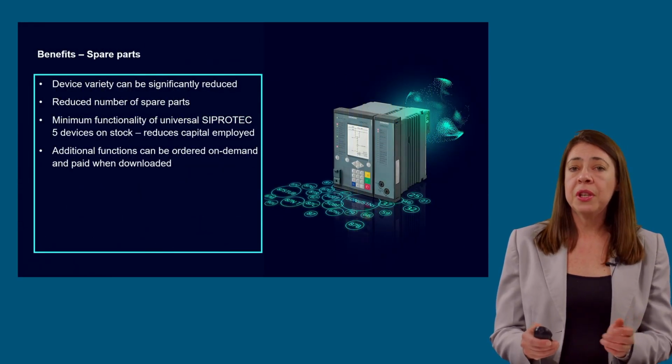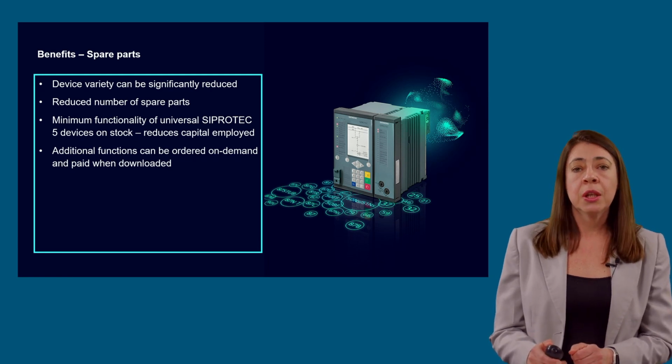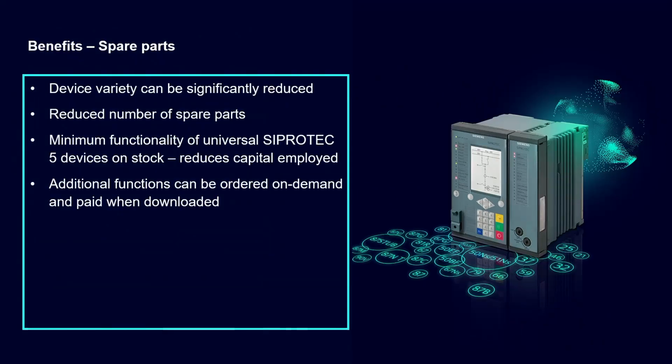So now the benefits for you at a glance. When you are using universal relays, the device variety gets significantly reduced, which also decreases the number of spare parts. The devices on stock have minimum functionality, which reduces the capital employed.